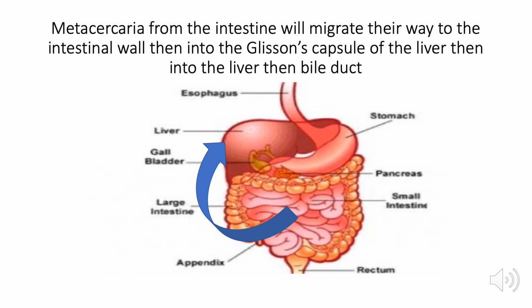So, the immature fluke or the metacercaria will penetrate the wall of the intestine to escape into the peritoneal cavity and migrate towards the capsule of the liver. We call it the Glisson's capsule. So they will dig their way into the Glisson's capsule to gain entrance into the hepatic parenchyma or tissue, in order for them to gain access into the bile ducts.